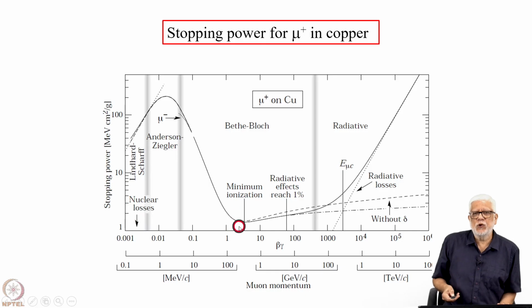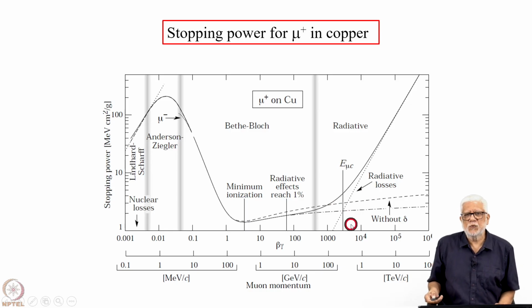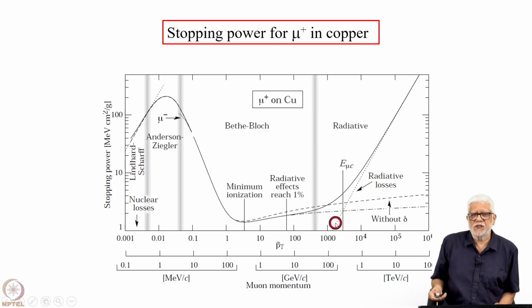And then it slowly rises, which is the relativistic effect, and at some point the radiative losses become important, and so this happens, for instance, at this place. This is of the order of beta gamma being about a few thousand, 3,000 or so. Okay, and the energy would correspond to something like a few hundred GeV by c.